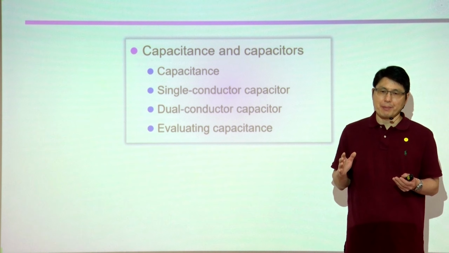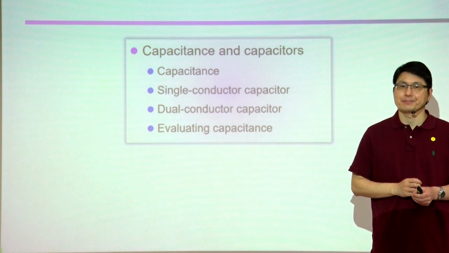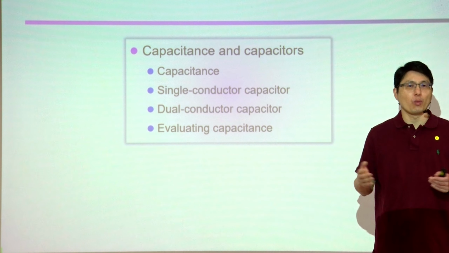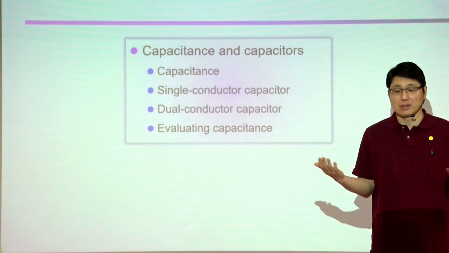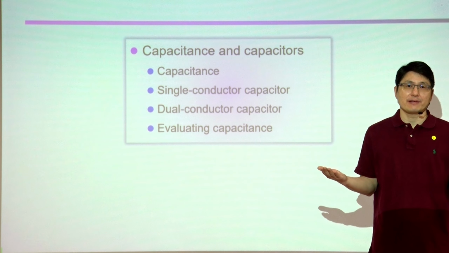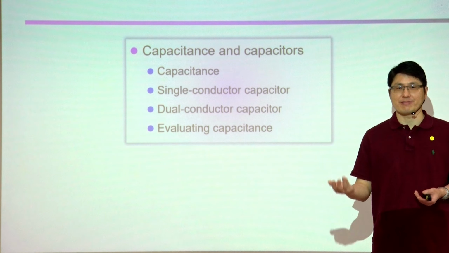And if you still remember, we started with transmission lines, right? A lot of people ask me why I teach transmission line first. Well, the first reason is we only need to have scalar processes. We don't need to analyze vectors.